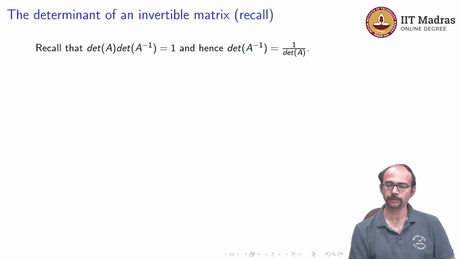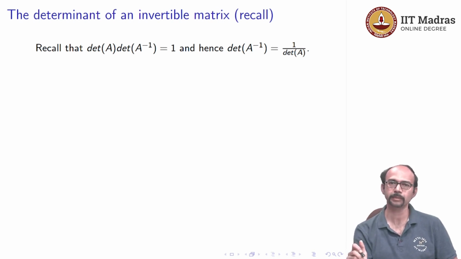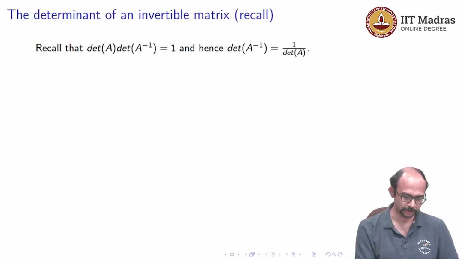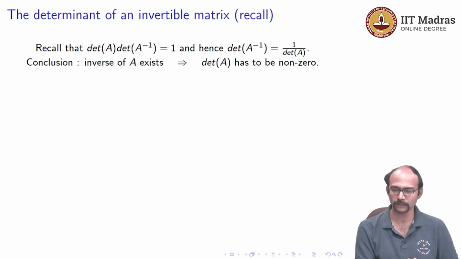So, that means determinant of A inverse times determinant of A is 1, and that means in particular that neither of them can be 0, otherwise the product cannot be 1. 0 times anything is 0, as we know. Okay. So, this is a necessary condition for a matrix to be invertible.